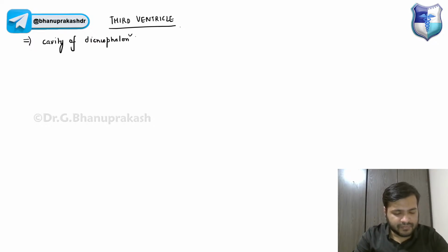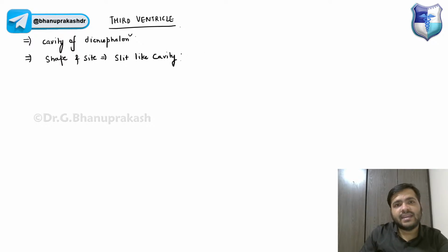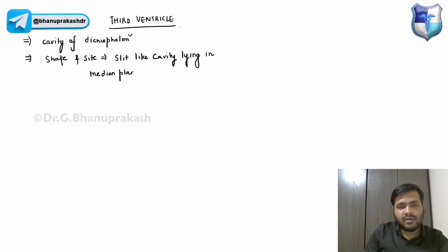Now guys, remember it is a slit like cavity. What is the shape and site? It is a slit like cavity lying in the median plane, between the right and left thalamus, right?